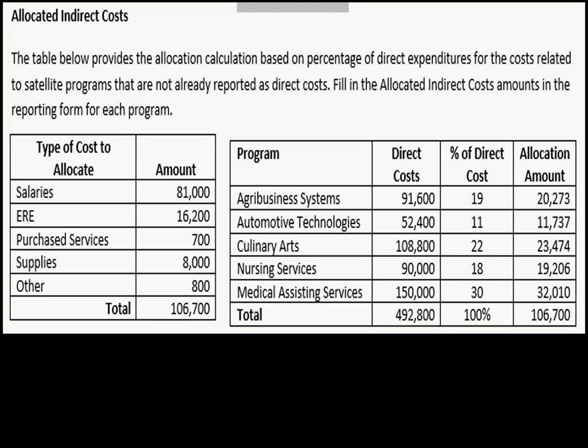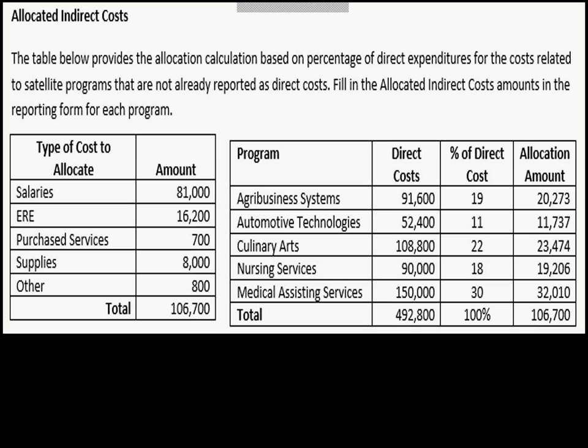You can see here we did the allocation for you. We figured the type of cost that needed allocated. We pulled some salaries and ERE, purchase services, supplies, and other that we identified as we went through as being in support of all of the JTED programs.